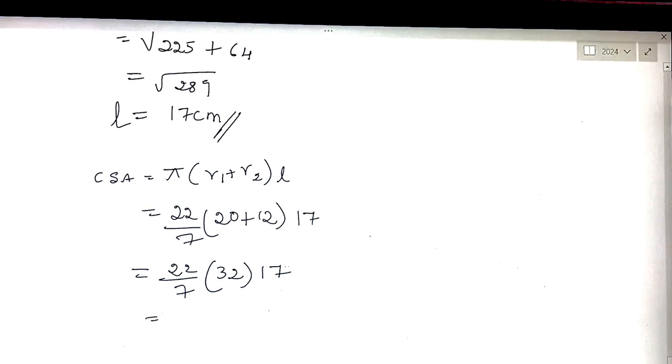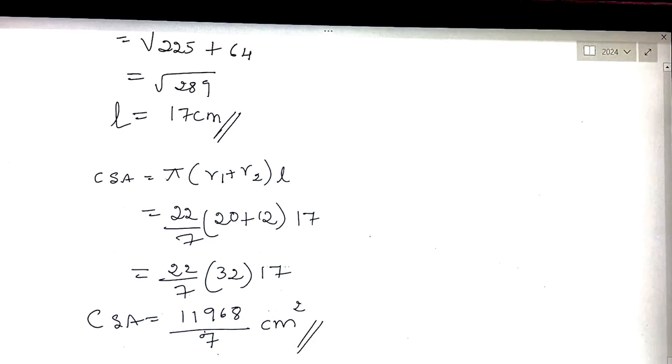Okay. So if you multiply 22 into 32 into 17, we get 11968 divided by, in the denominator we have 7, we need to write as it is. So this is the CSA as asked. Okay, so what is the unit here? Cm square.